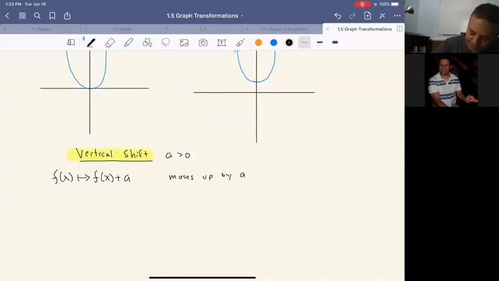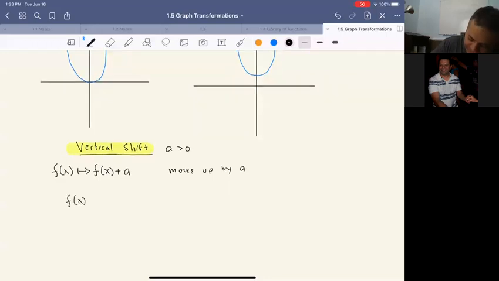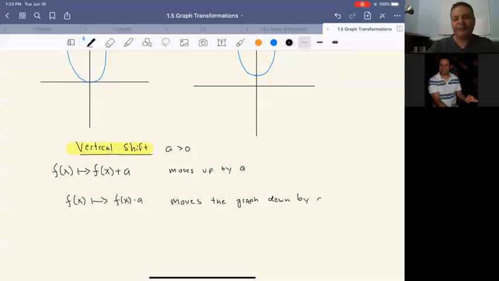All right. If we take f of x to f of x minus a, that's going to move my graph down by a.